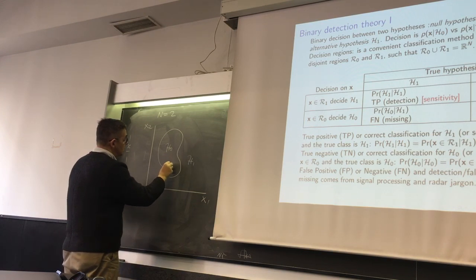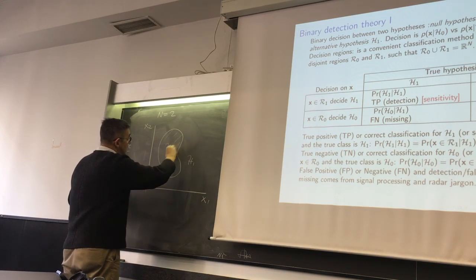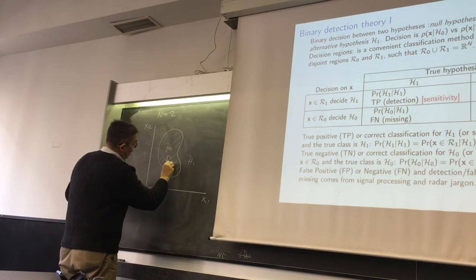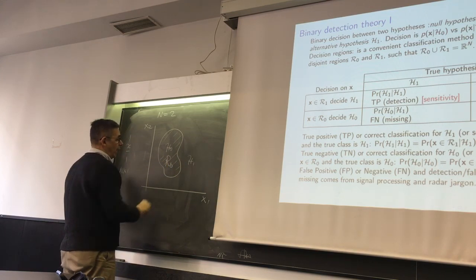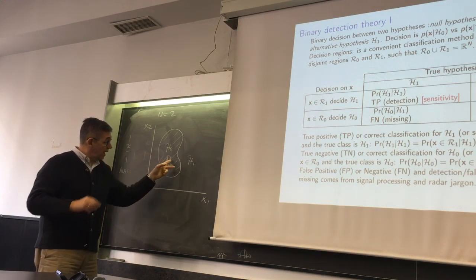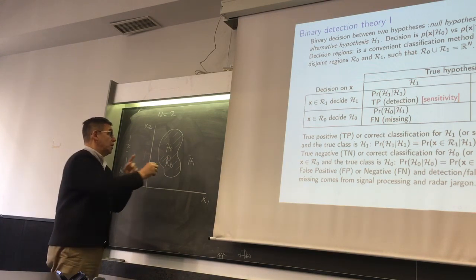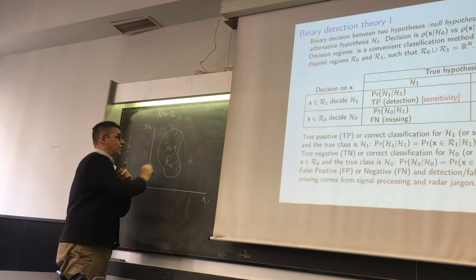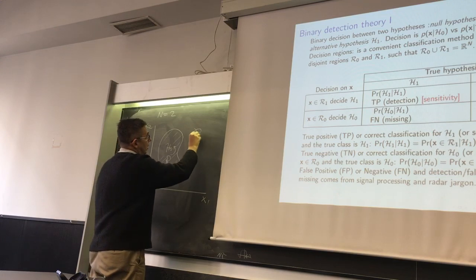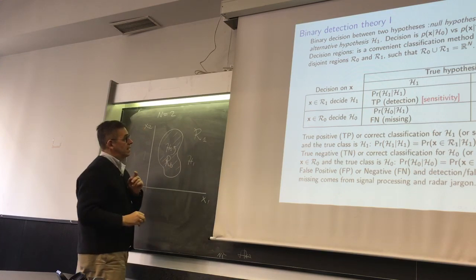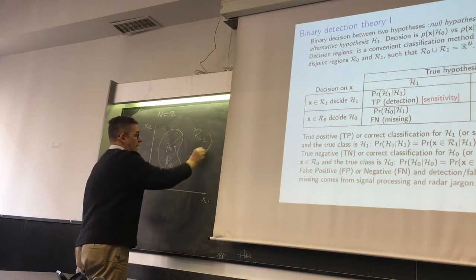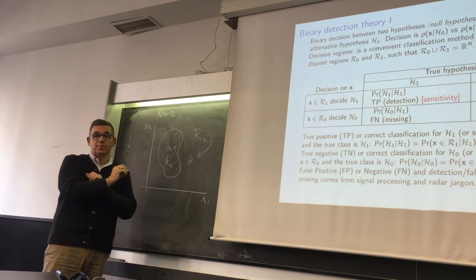Then I call this entire region, the entire set, R0. So when a point, which is the measurement, goes inside the region R0, then I decide for H0. When a value stays inside the region R1, then I decide for H1.